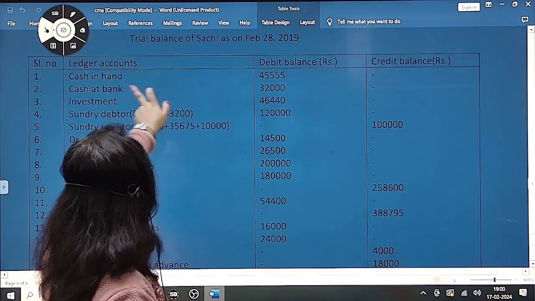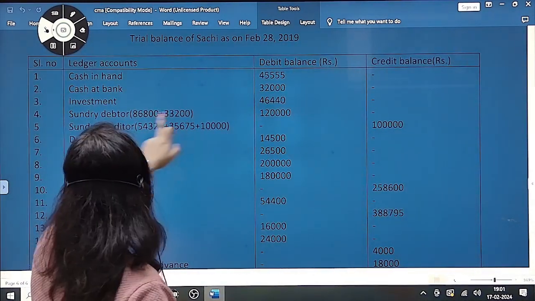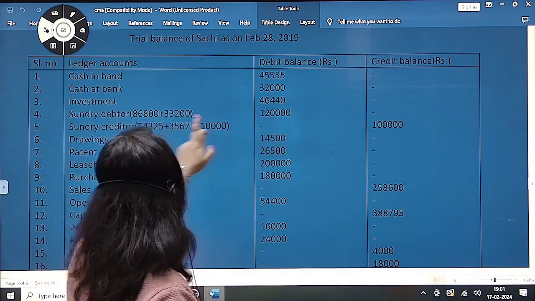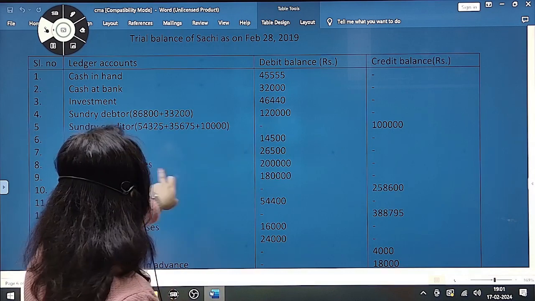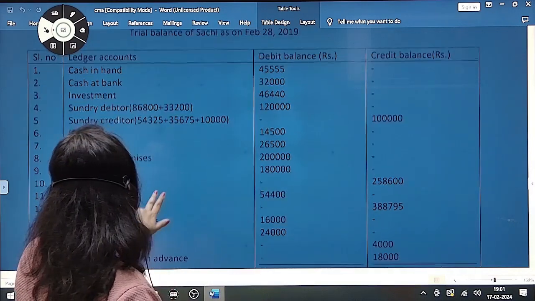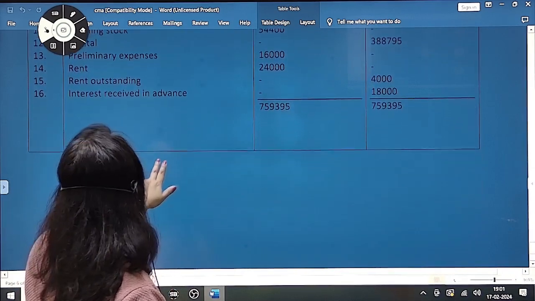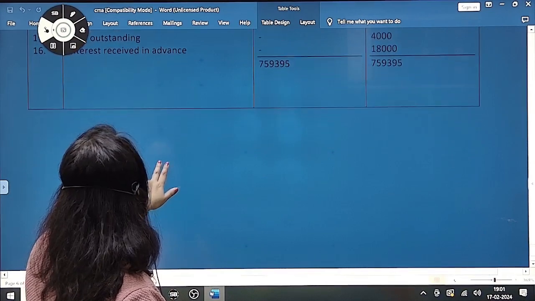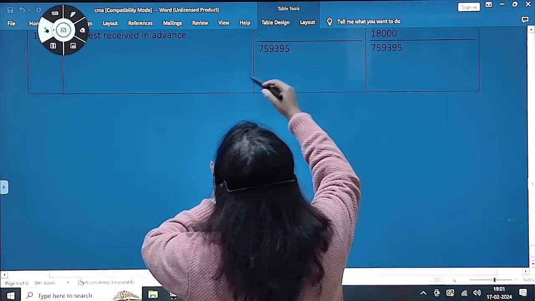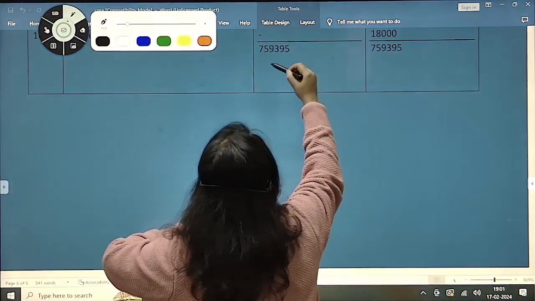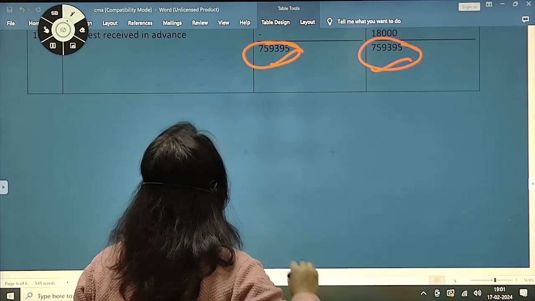Cash in hand, debit, cash at bank, debit, investment, debit, sundry debtor, debit, sundry creditor, credit, drawing, debit, patent, debit, leasehold premises, then purchases, then sales, opening stock, capital, preliminary expenses, rent outstanding, interest received in advance, credit. So here you can see both totals are equal. The trial balance has to be equal on both sides. That means it's correct.